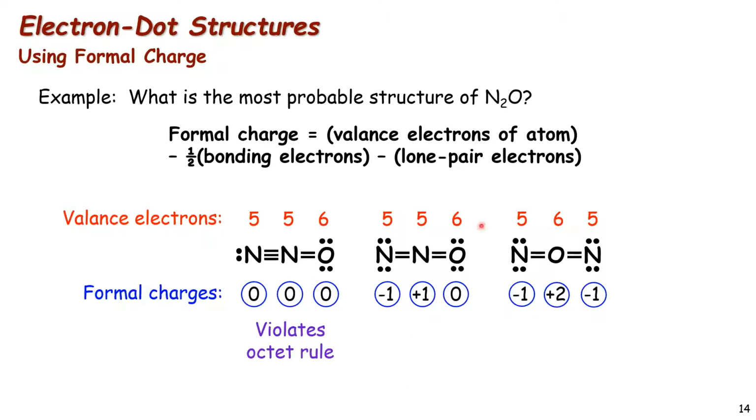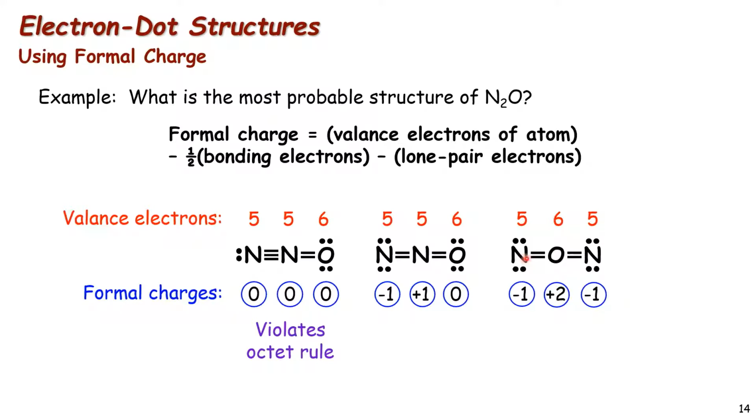So that leaves us with these two. Well, this one has fewer non-zero formal charges than this guy. So this guy is probably the most probable structure. But the other issue here too is that oxygen is more electronegative than nitrogen, yet oxygen has the positive formal charge when it should have the negative formal charge. In addition to that, we didn't follow the rules again, right?